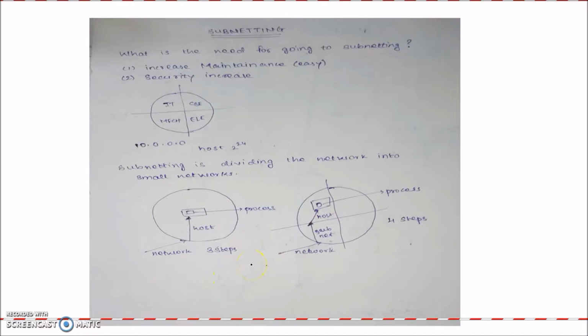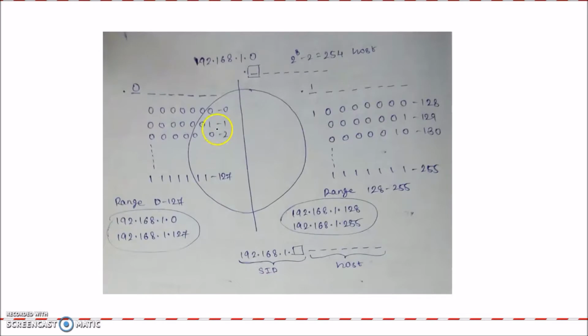For a clearer understanding of the subnet concept, we will take an example. Consider a class C network with network ID 192.168.1.0. It consists of a total of 8 bits in its host ID. That is 2^8 - 2 = 254 hosts possible, where .0 is the network ID and .255 is the direct broadcast IP address of this network.